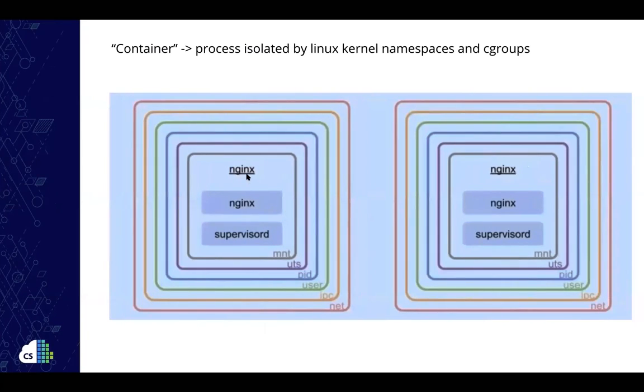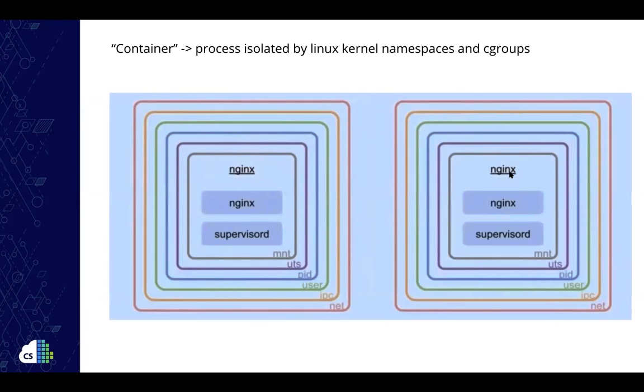The only difference is that the kernel applies namespace isolation to the process which is supposed to run as a container. If we have a normal Nginx, it just runs as a process. If we have Nginx in a Docker container, then the Linux kernel will make sure to package it into namespaces. It's just the isolation mechanism which the Linux kernel gives you.